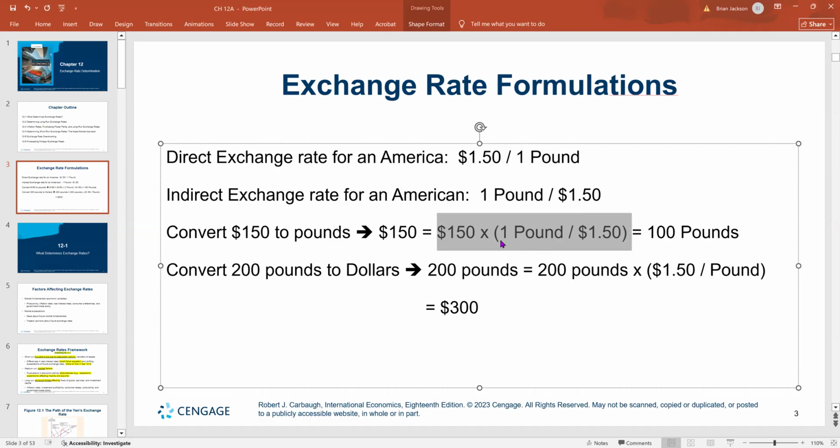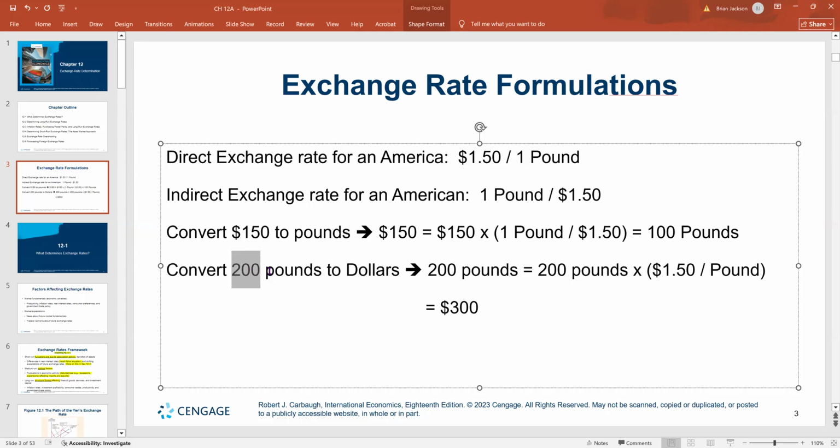The thing inside the parentheses is equal to one, so you're not really changing the value of $150. You're able to rewrite $150 in a different unit, British pounds, because when we multiply $150 by this factor, the dollars cancel and pounds is left on top. That allows us to convert dollars to pounds.